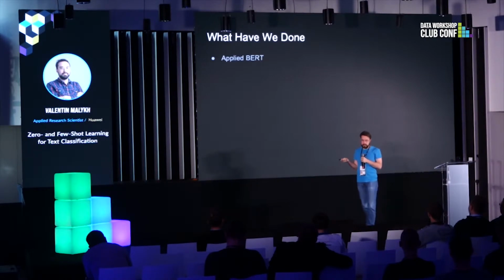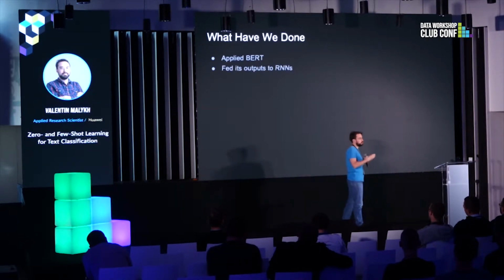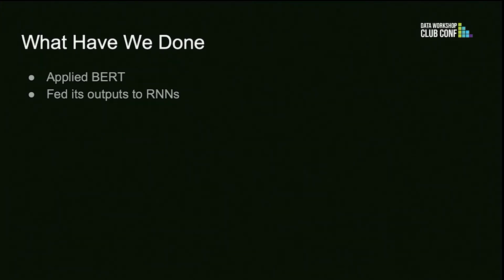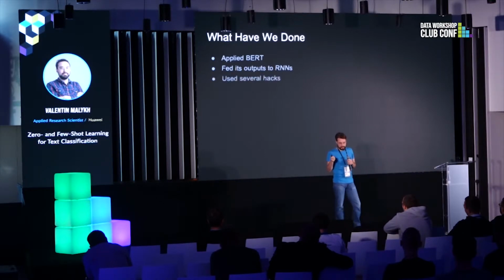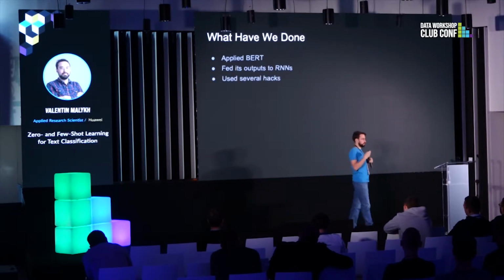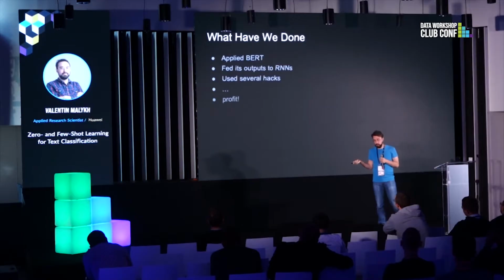And after that, we fed the output of BERT, these word vectors, which are not exactly word vectors in the sense of Word2Vec, but this is not important, to an RNN. And after that, we have used some special tricks I'll be discussing in a few slides. And after that, we have some profit.